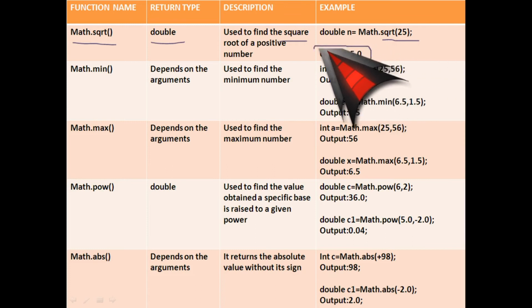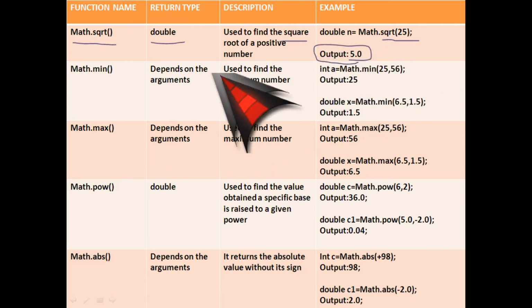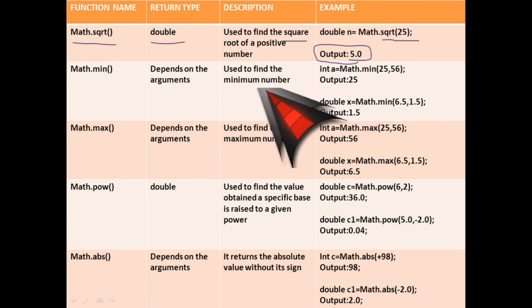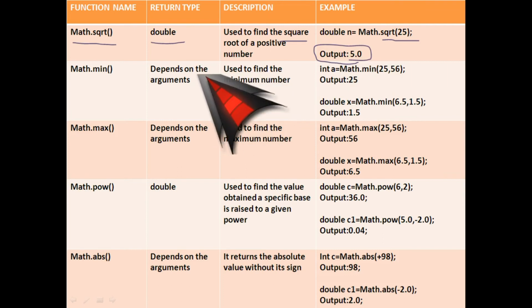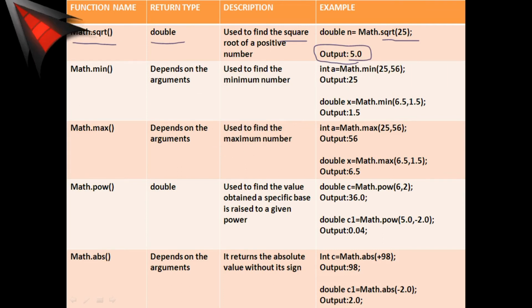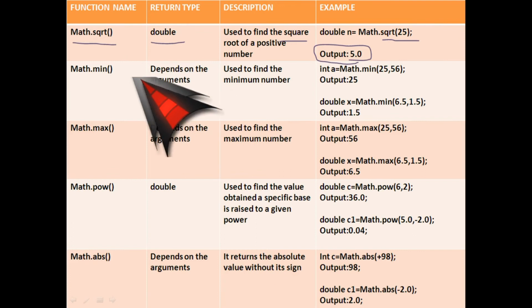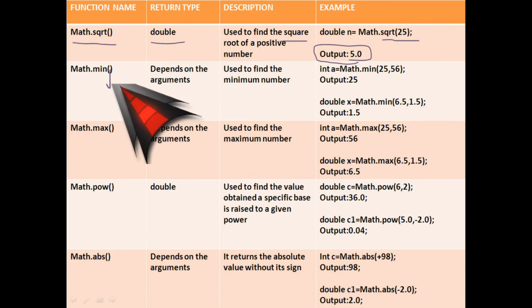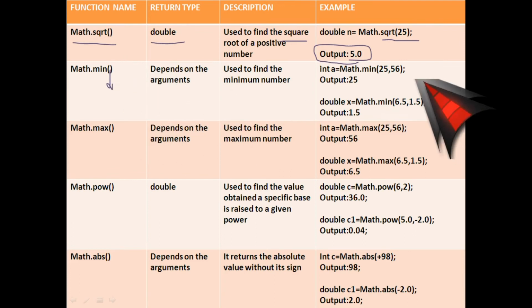Math.min, where the return type depends on the argument. What is an argument? Whatever we write inside the brackets is known as an argument. Here 25 and 56 are arguments, and as both of them are int data type, my result will also be int.